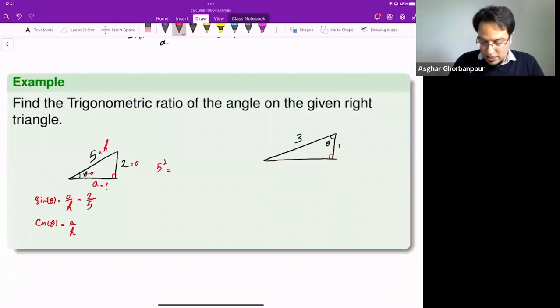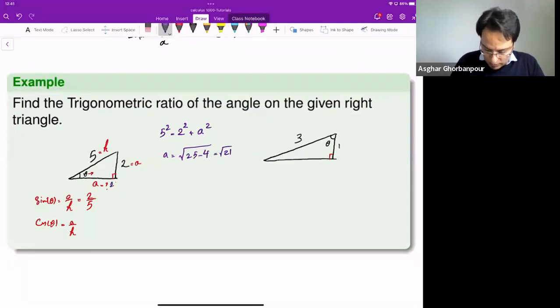5 squared equals, it's better to write it in blue, 5 squared equals 2 squared. Oh, I see that I'm writing 2 where it should be O. This is O. 2 squared plus A squared. And from that, you can solve this and find that A is the square root of 25 minus 4, which is root 21.